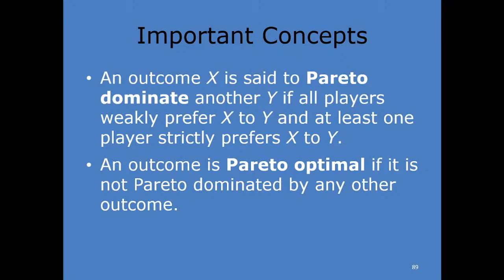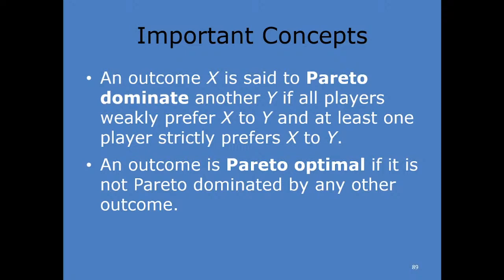So let's talk about a few more important concepts in game theory. An outcome X is said to Pareto dominate another outcome Y if all players weakly prefer X to Y, and at least one player strictly prefers X to Y, right?